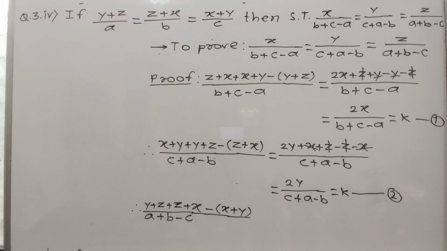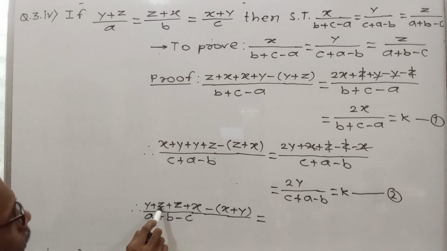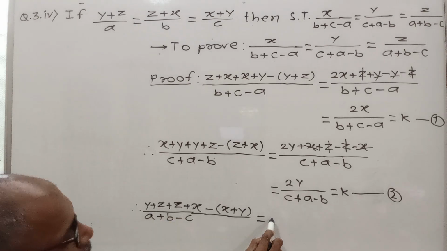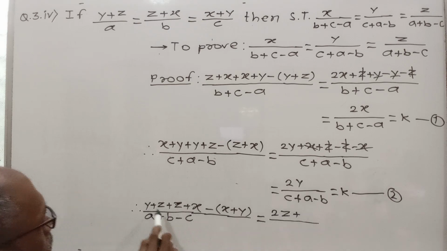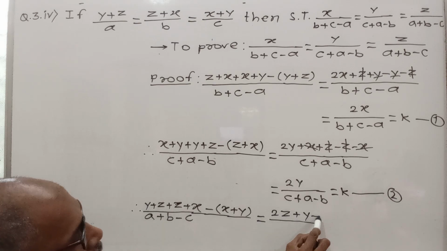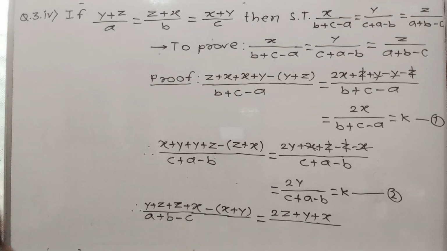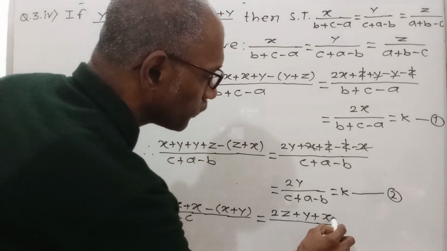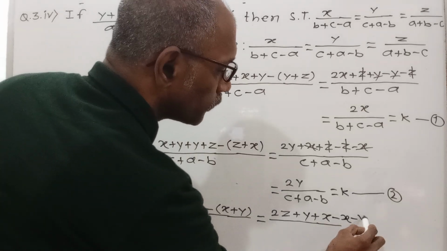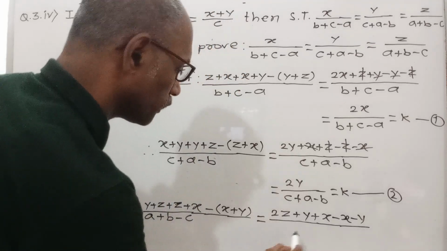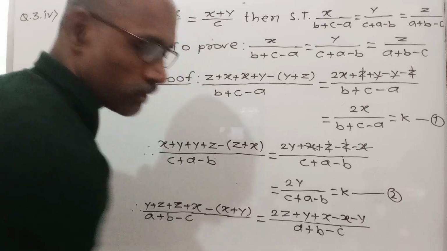Upon this denominator a plus b minus c is equal to, here z plus z, 2z plus y plus x. Because of this minus sign, the internal sign changes: minus x minus y upon a plus b minus c.